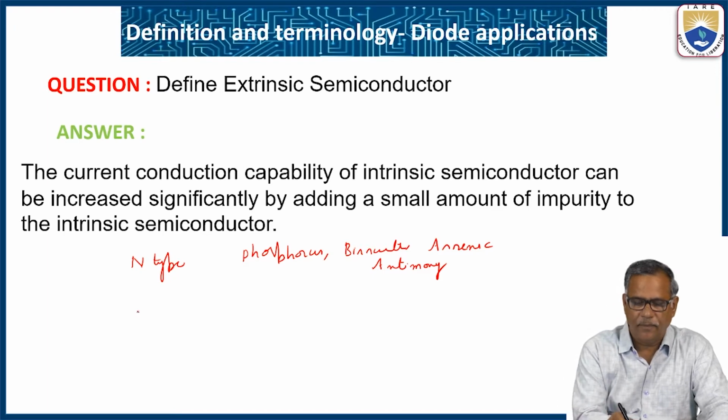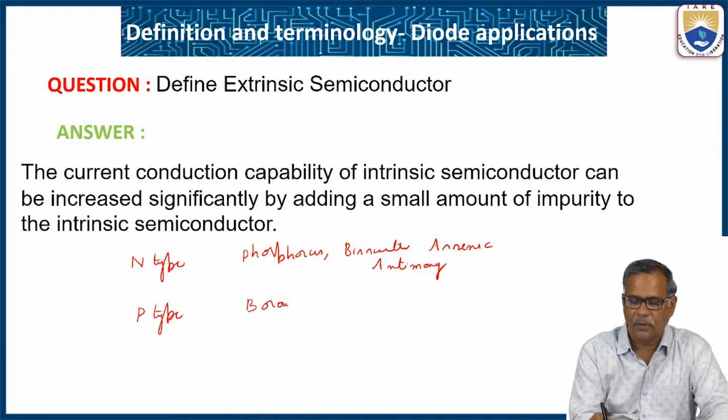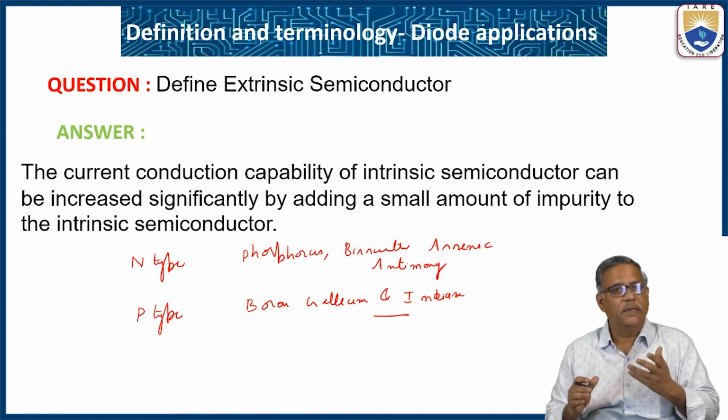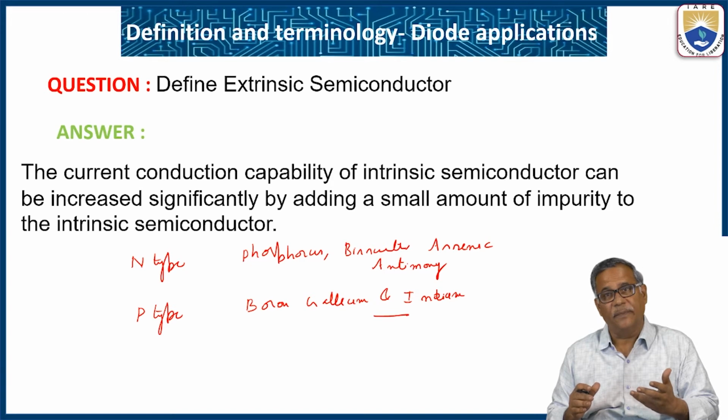And p-type dopants are boron, gallium, and indium. These are the dopants which make the intrinsic semiconductor p-type.